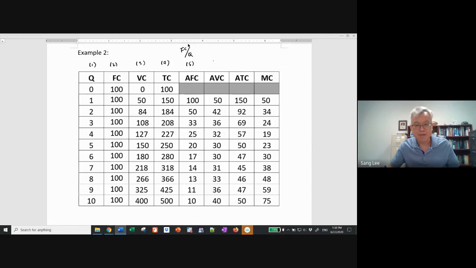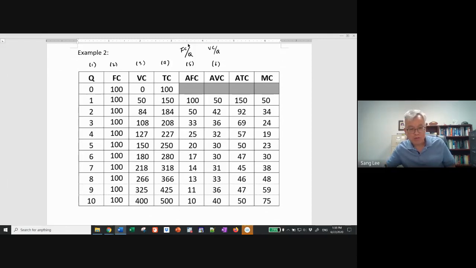Now, average variable cost, that is variable cost divided by Q. So as more output is produced, as your denominator Q increases, the numerator variable cost also increases. Now, depending on which one grows faster, average variable cost may increase or decrease. So let's see here.